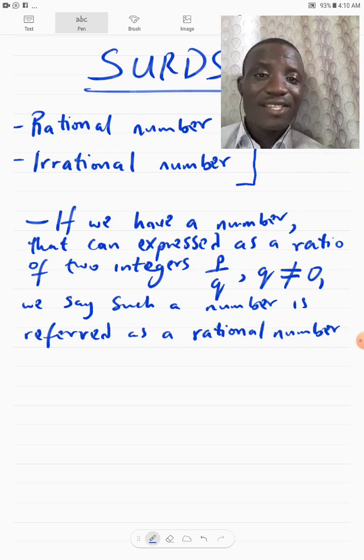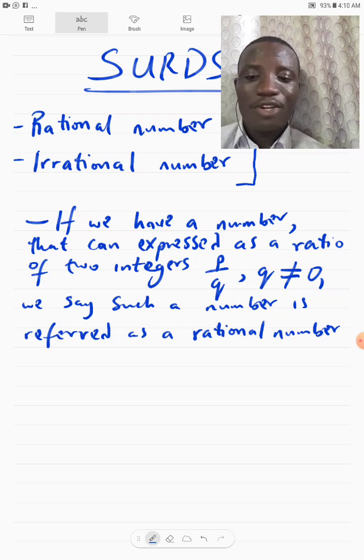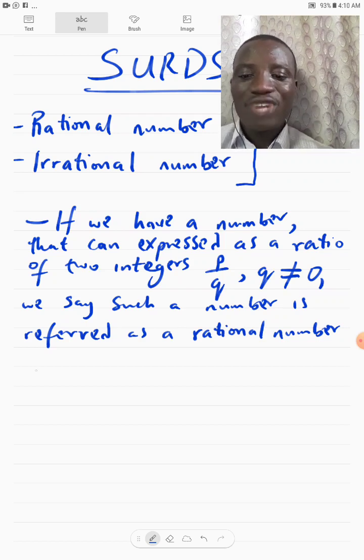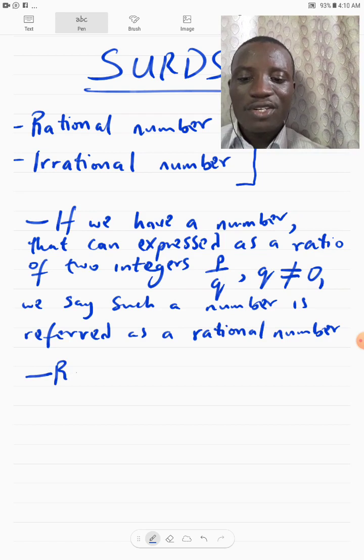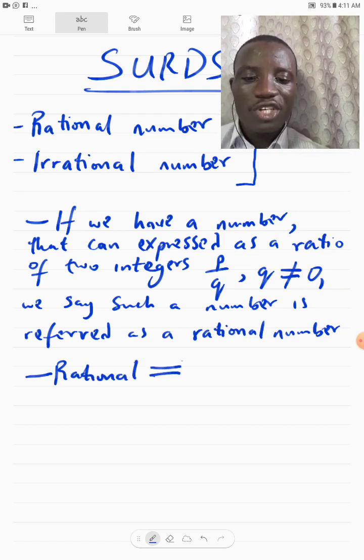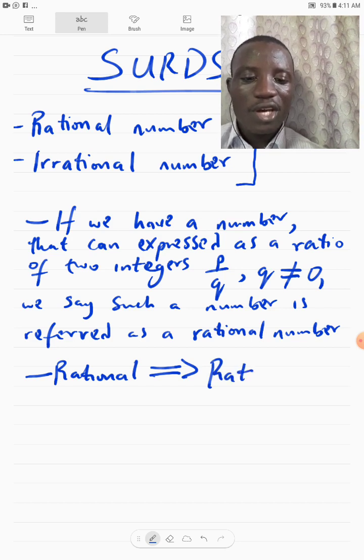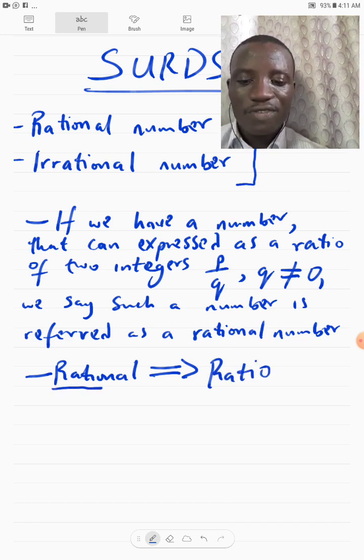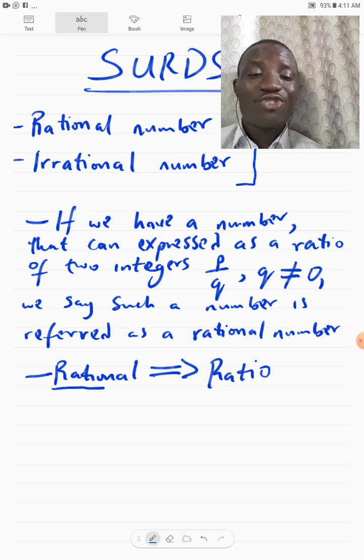In fact, if you really want to understand why we call it a rational number, the word rational is actually from the word ratio, and you can practically see that. So when we say a number is rational, it means that it can be expressed as a ratio of two integers.